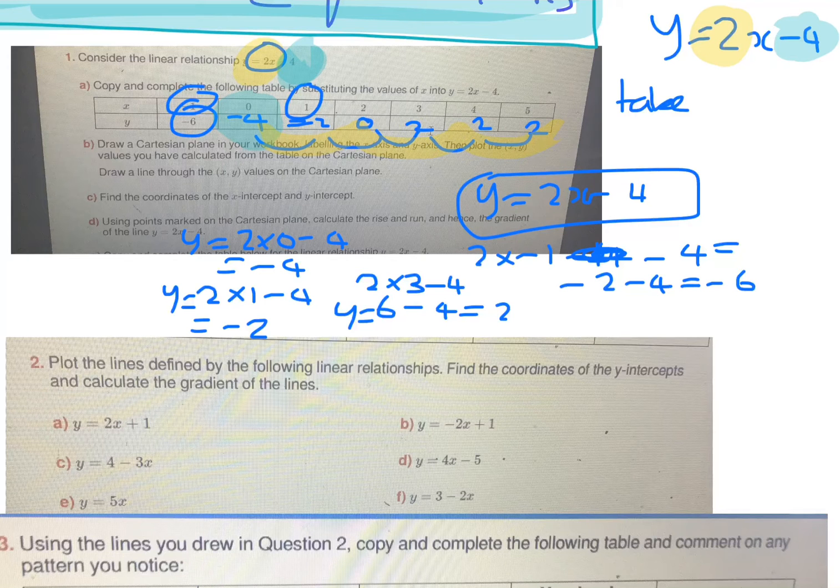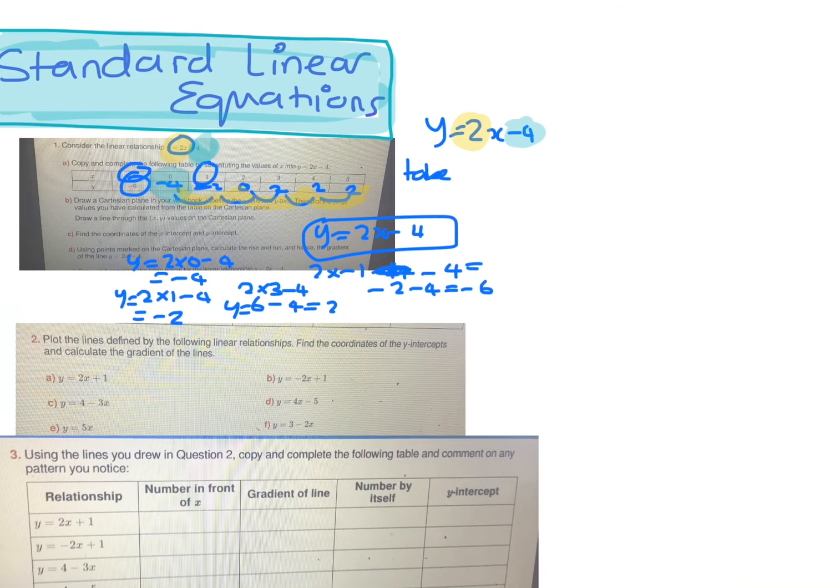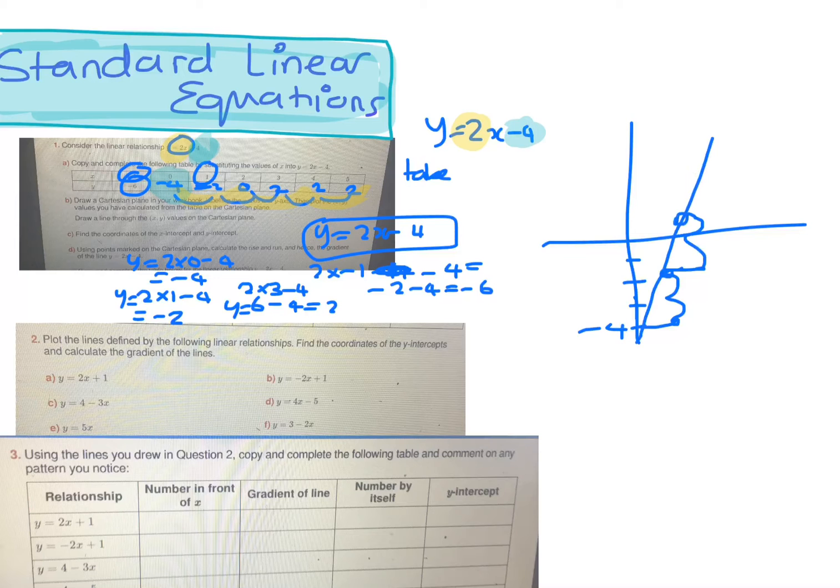And that's actually a gradient, because what this is telling you is, if you go to your y-intercept of minus 4, for every 1 you go across, you're going to go up 2, because it's positive 2. And that's basically what your line will look like there.